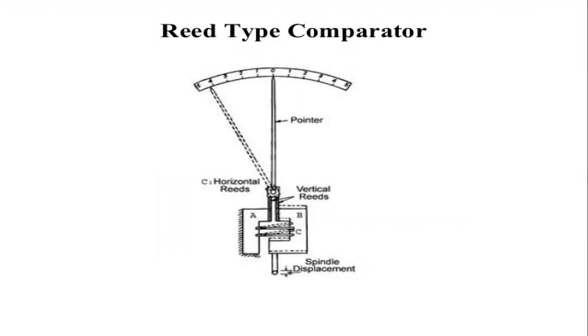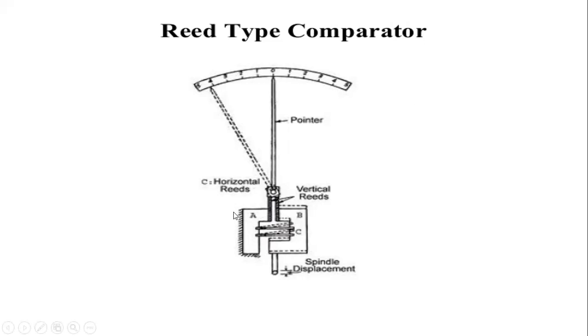So this is the Reed type comparator. In this Reed type comparator, there are different types of reeds.